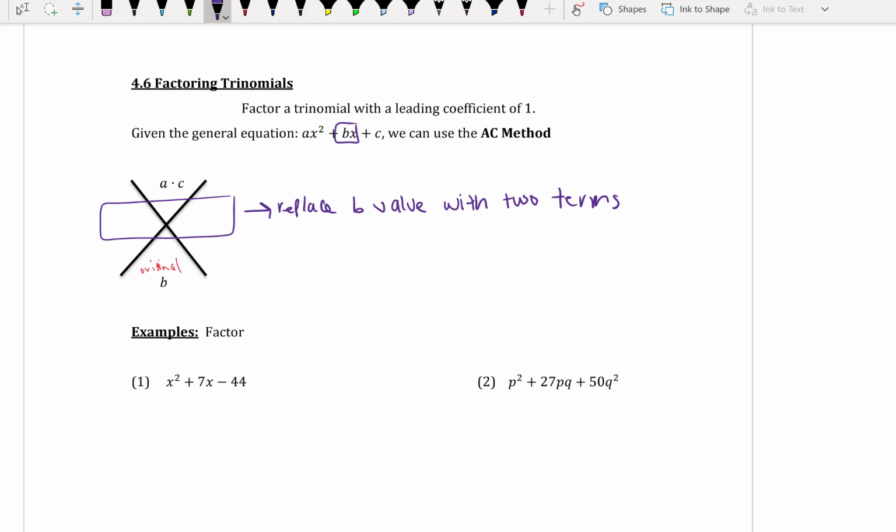That way our trinomial, our 3-term polynomial, is going to be turned into a 4-term polynomial. And the reason we do that is that we can factor by grouping.